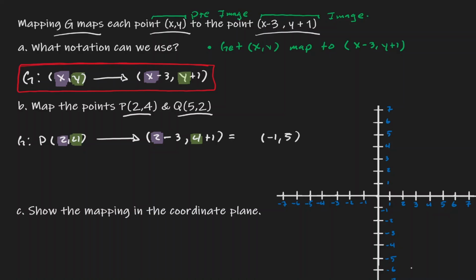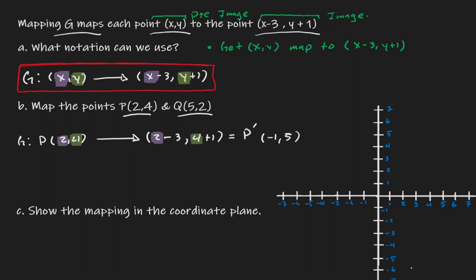Now we need to indicate that this new coordinate point is the image of P. And to do so, we're going to use the prime notation. So we're going to use P prime. This implies that there was a coordinate point called P, and after some transformation, the image, and that's why we use a little prime, is at the location (-1, 5).